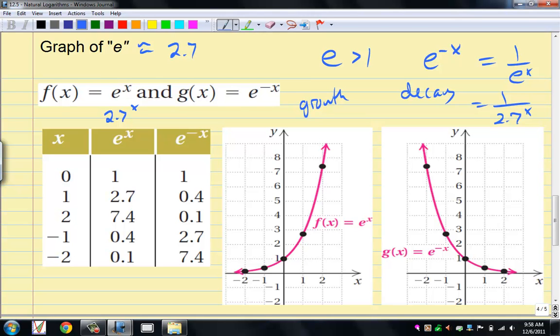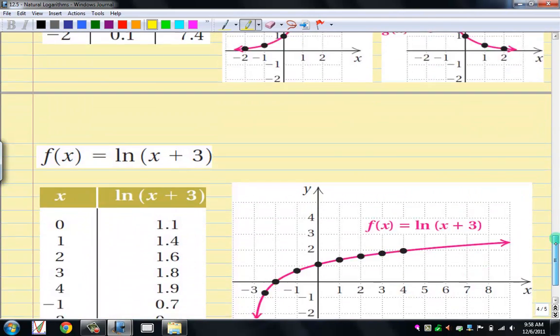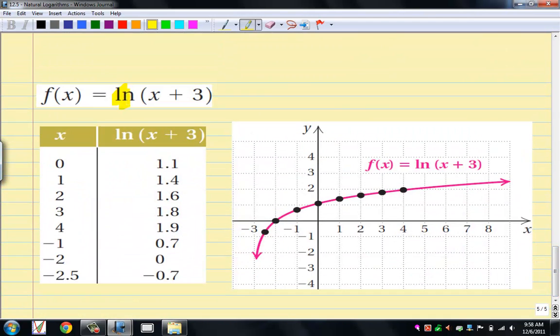So we've looked at exponential functions before, and then after looking at exponential functions, we talked about logarithmic functions. So if e is the base of your exponential function, then ln, log base e, is your log function. And so here's an example of a log function. Now this log function has a shift.